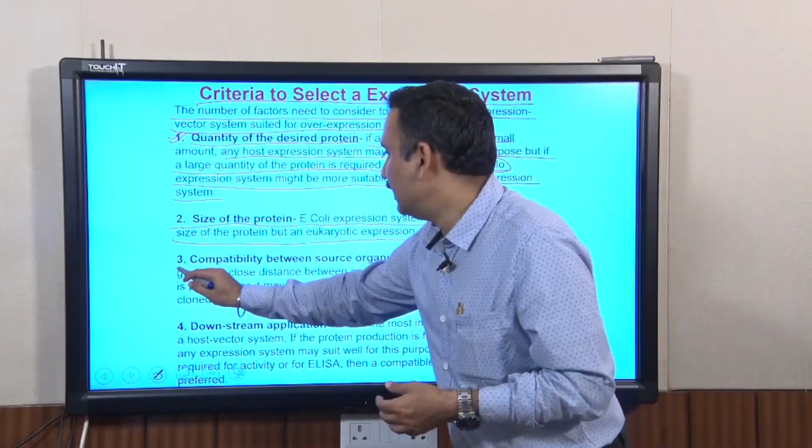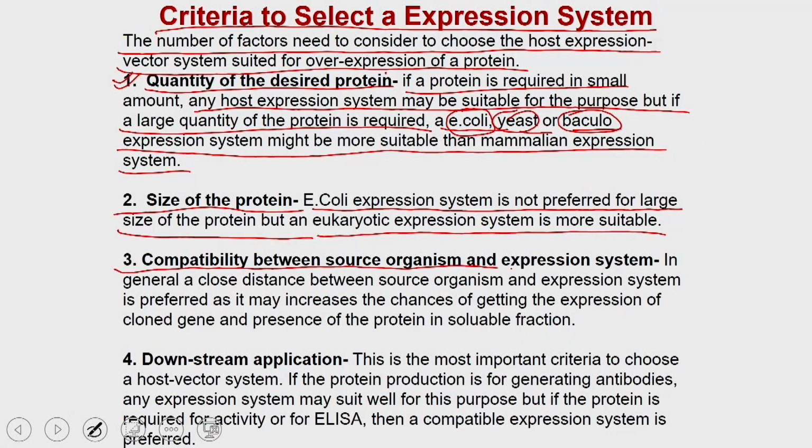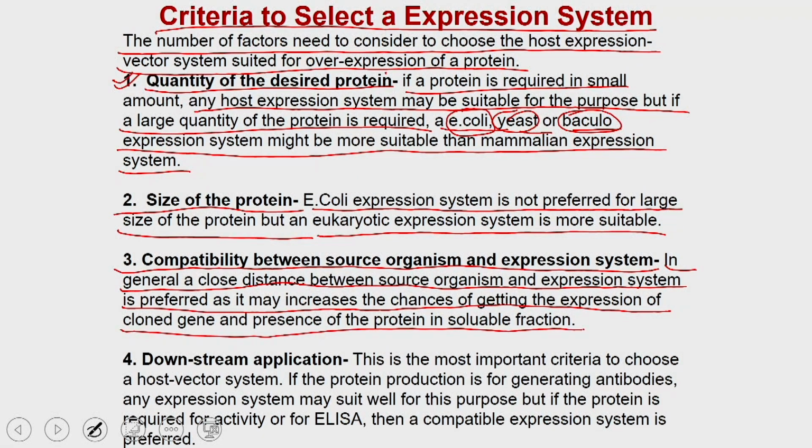Then the third and most important point is the compatibility between the source organism and the expression system. What this means is that, in general, a close distance between the source organism and the expression system is preferred, as it may increase the chances of expression of a cloned gene and the presence of the protein in soluble fractions.